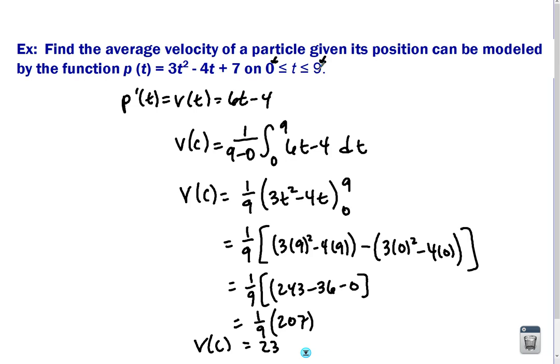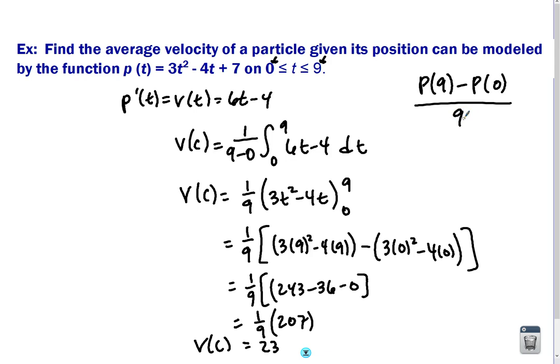So remember, another way to find average velocity is your position at the end minus the position at the beginning over your total time traveled. So 9. Your ending position minus your initial over your total time. That works out the exact same way.